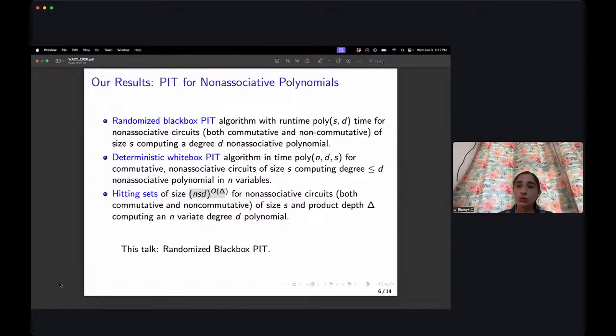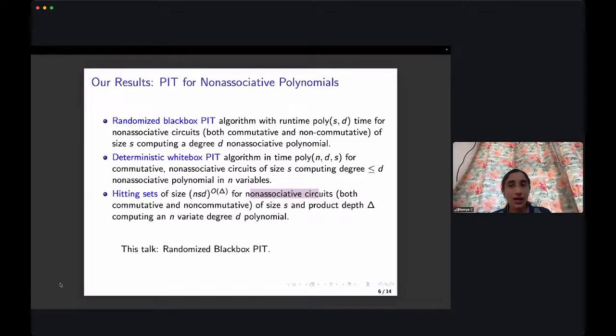Okay. So the deterministic white box or the Hrubeš algorithm is a little too simple for the audience. And the quasi-polynomial size hitting set is essentially obtained by taking this non-associative circuit and doing an identity preserving summation to an associative circuit with some kind of a structure.